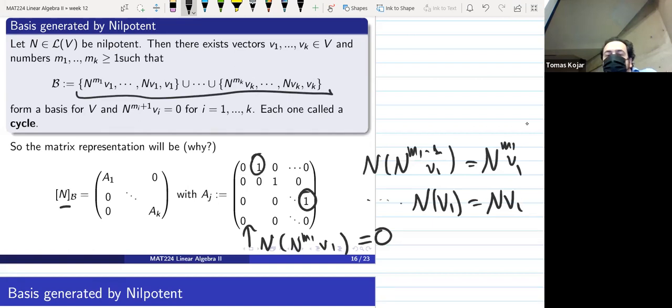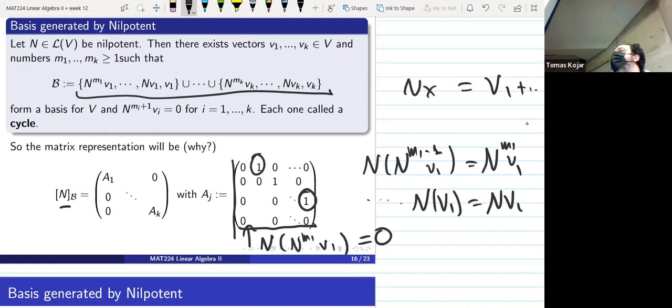But there's no v1, never. You can never get N of x to equal some v1 stuff, because that's the form of the basis. Do you understand? It doesn't cycle back necessarily, in this basis. So that's why you get the ones like this, and that's why you always have a 0 row and 0 column.